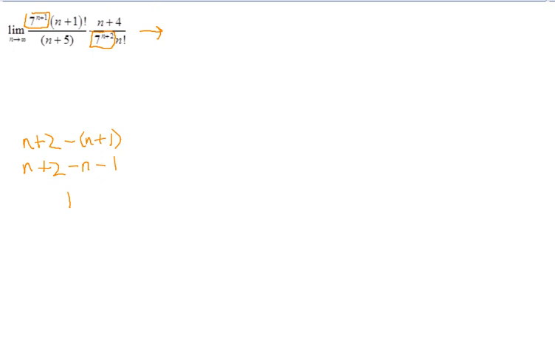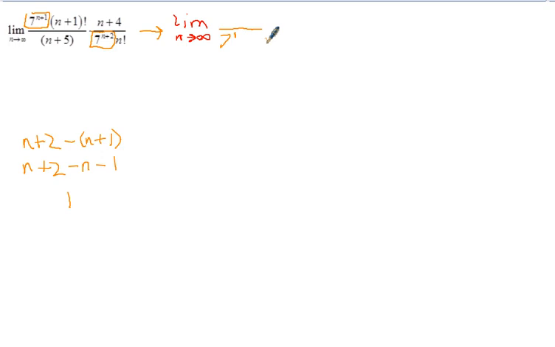So we'll still have the limit as n approaches infinity. And now that 7 to the first is going to be on the denominator.